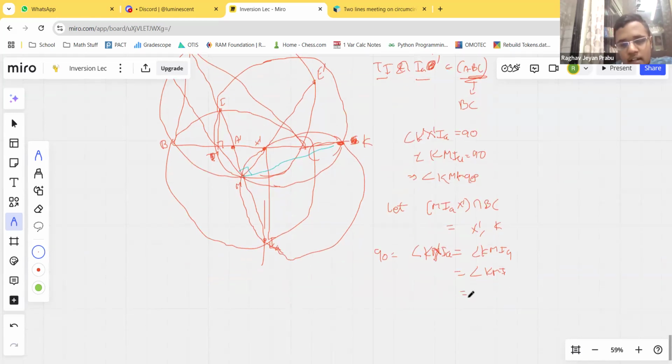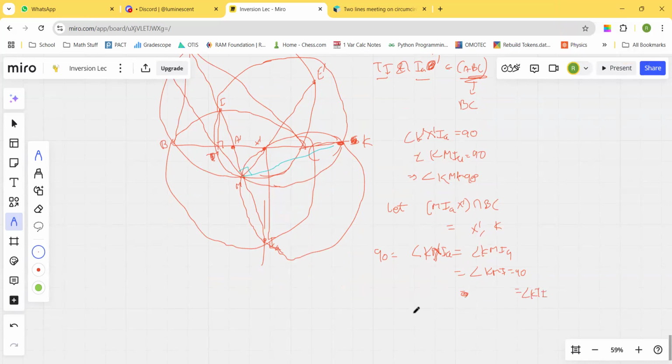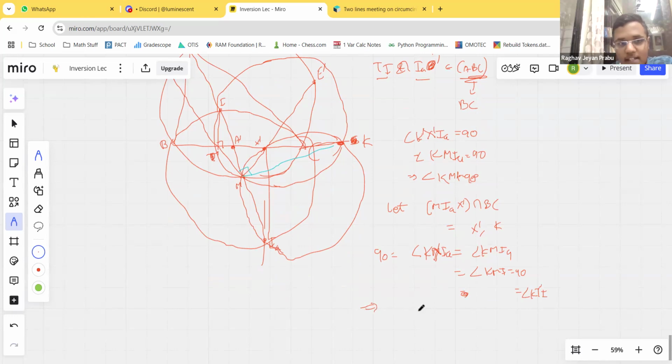So KMI is equal to 90 degrees, and this is also angle KT'I. Yeah, sorry, KT'I.